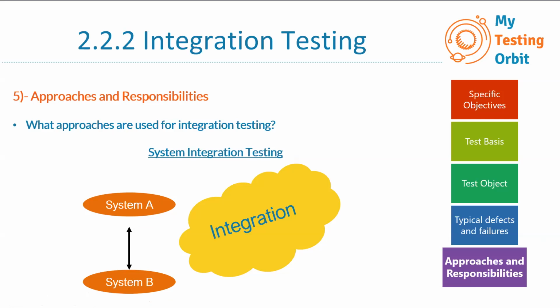We are not focusing on the functionality, because that's something which we have already covered individually when we were testing system A and system B. So we will not be covering that again.